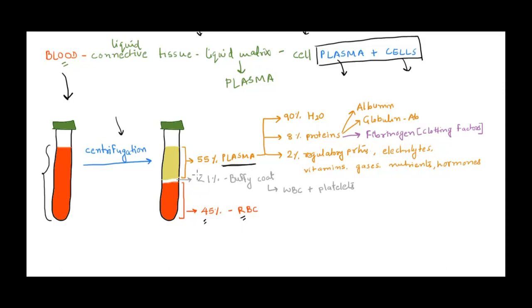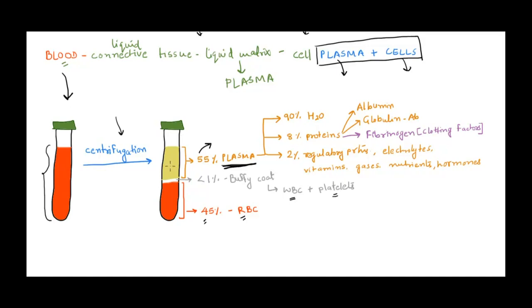This is less than 1%, and even though it is a very small fraction, it is very important. It consists of WBC, white blood cells, and platelets. And the largest component, the topmost yellow liquid, about 55%, is nothing but plasma. This is what we are interested in.